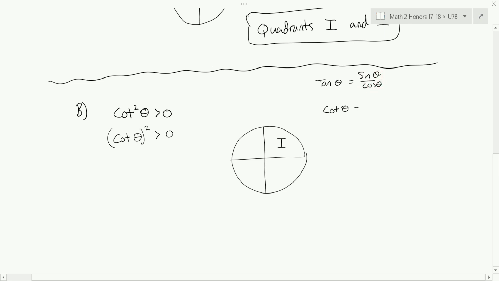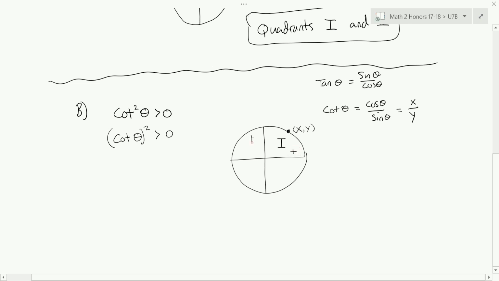If we flip that fraction over, cotangent is cosine over sine. Cosine is your x-coordinate and sine is the y-coordinate. In quadrant 1, both x and y are positive, so cotangent is going to be positive.